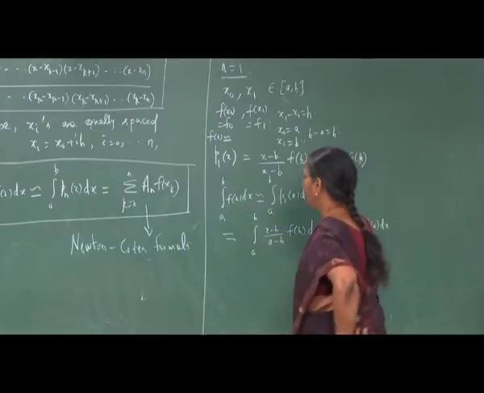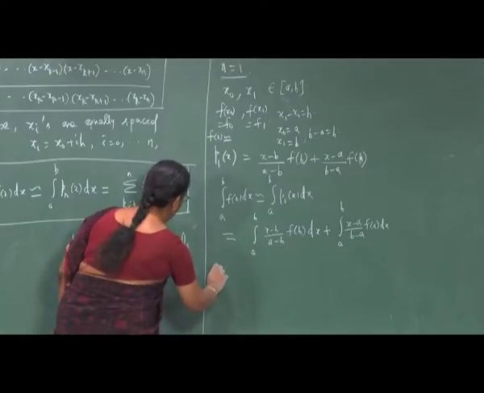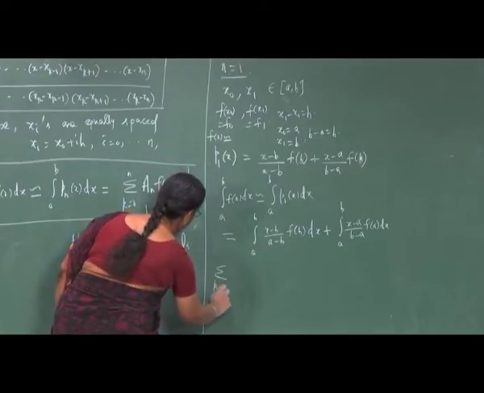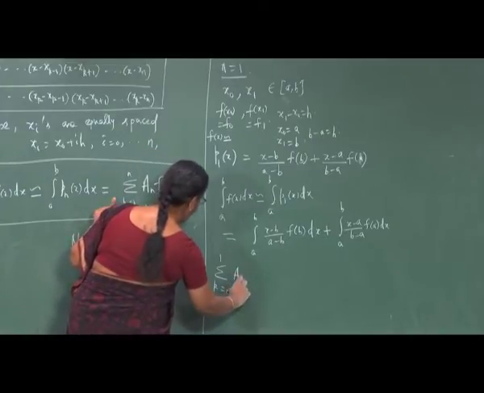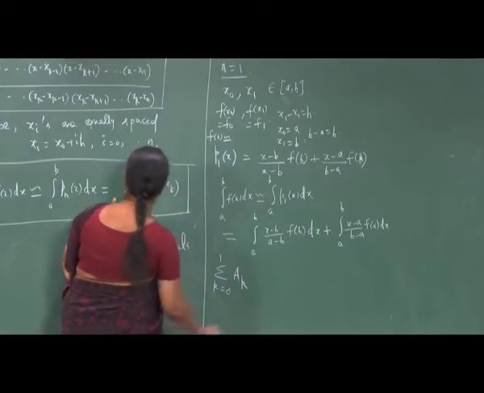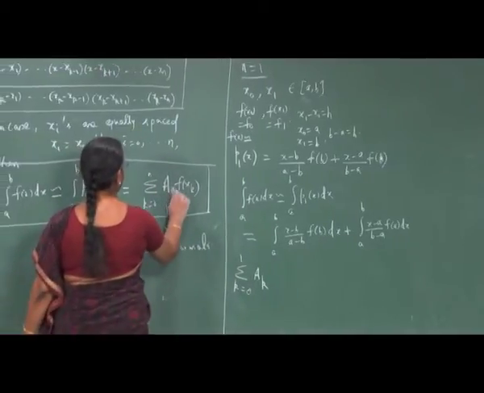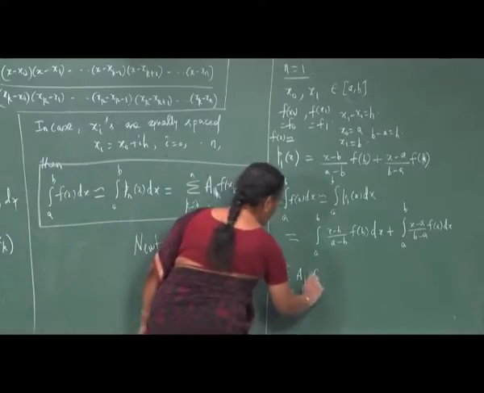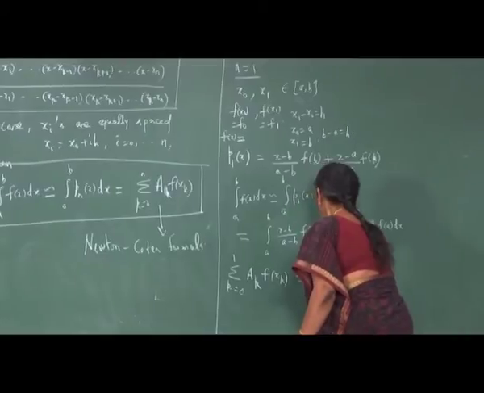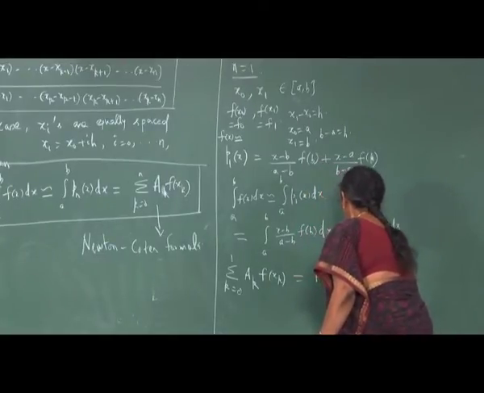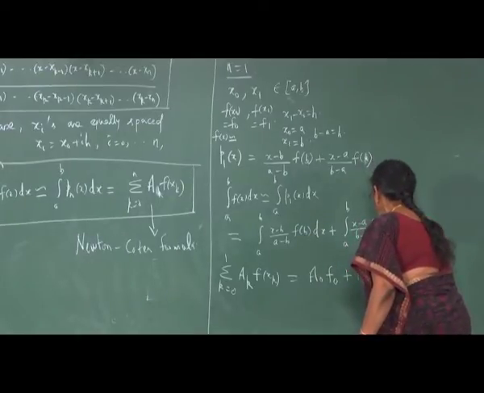So, in our notations, what will be the formula? The formula is sigma k equal to 0 to n, n is 1, ak into f of xk. So we will get a naught into f of x naught plus a1 into f of x1, that is f1.